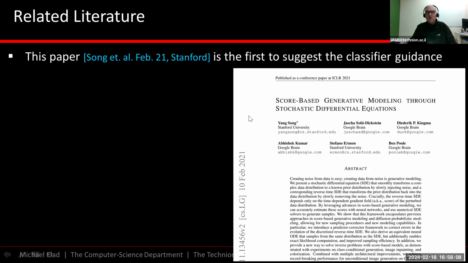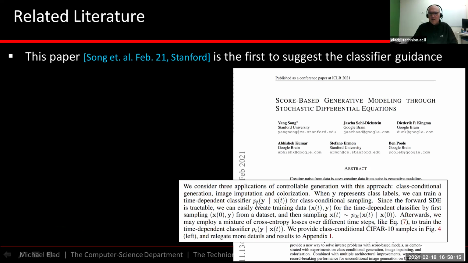This paper from 2021 is the one that introduced this notion of guidance using a classifier. Here is the zoom in on the abstract. We consider three applications. Never mind that. Let's go to the second sentence. When Y represents class labels, we can train a time-dependent classifier, basically sigma-dependent, if you like, p_t of y given x_t, exactly like we did. x_t is the noisy image, y is the class, and t says this is the blurry probability.